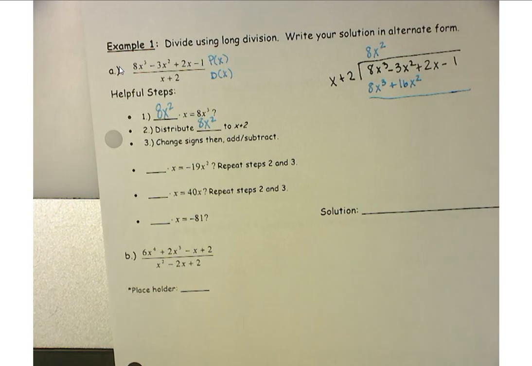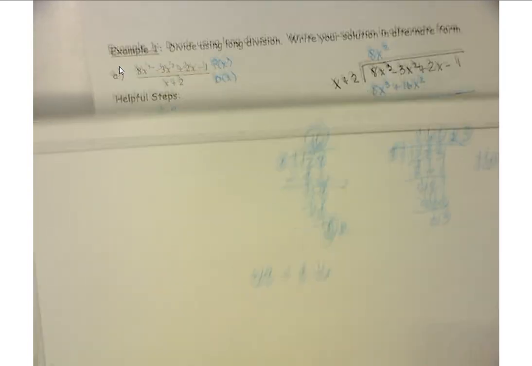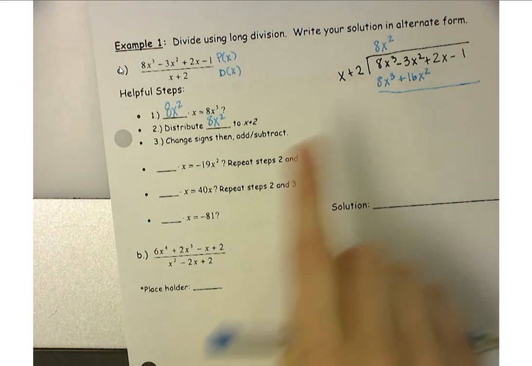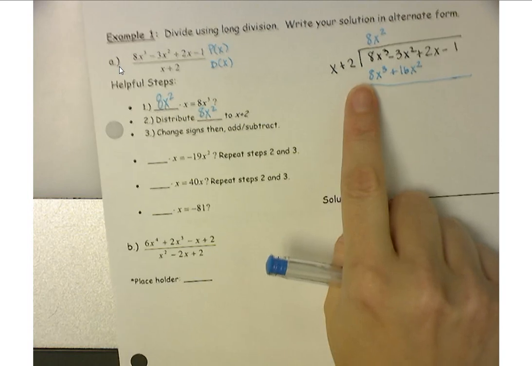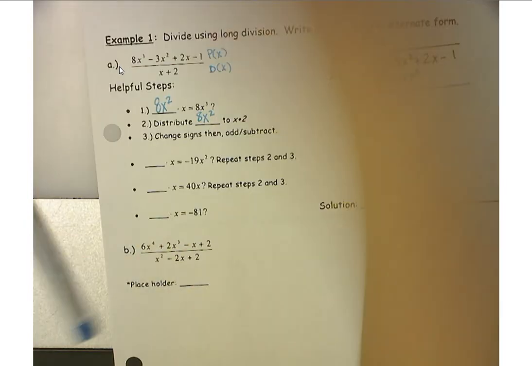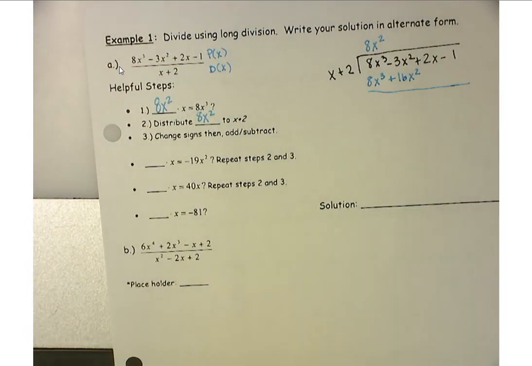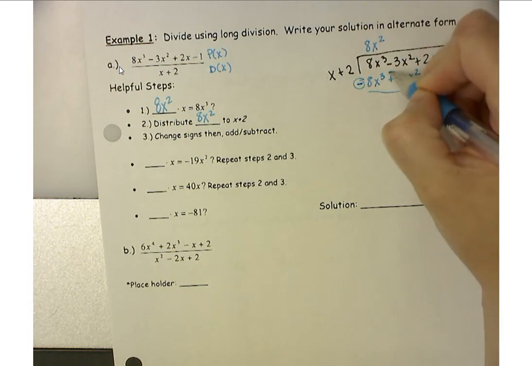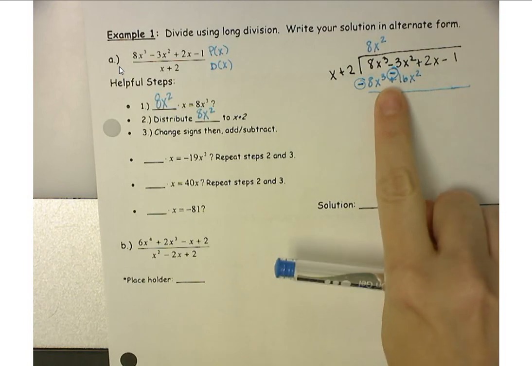Now, just like we did in our example with our numbers, the next thing that you do is subtract. The only difference is here we have 2 terms. So if we're subtracting 2 terms, we have to remember to distribute the negative. So sometimes you'll see it like this. You can do the minus, and then I always change the sign and then circle it.